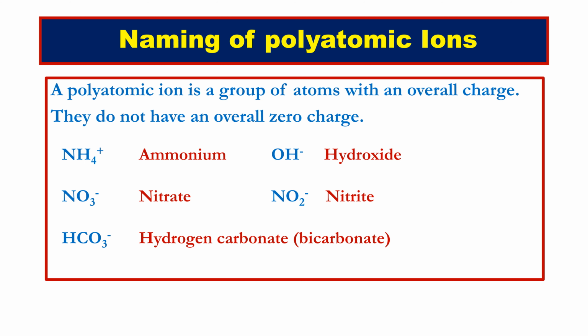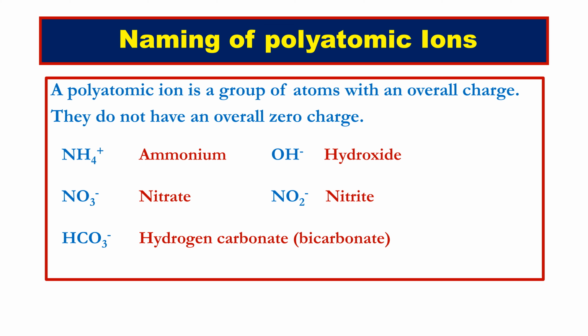We named it first, and we ended the non-metal name with -ide. Right. We now look at naming of polyatomic ions. What is a polyatomic ion? A polyatomic ion is a group of atoms with an overall charge. They do not have an overall zero charge.